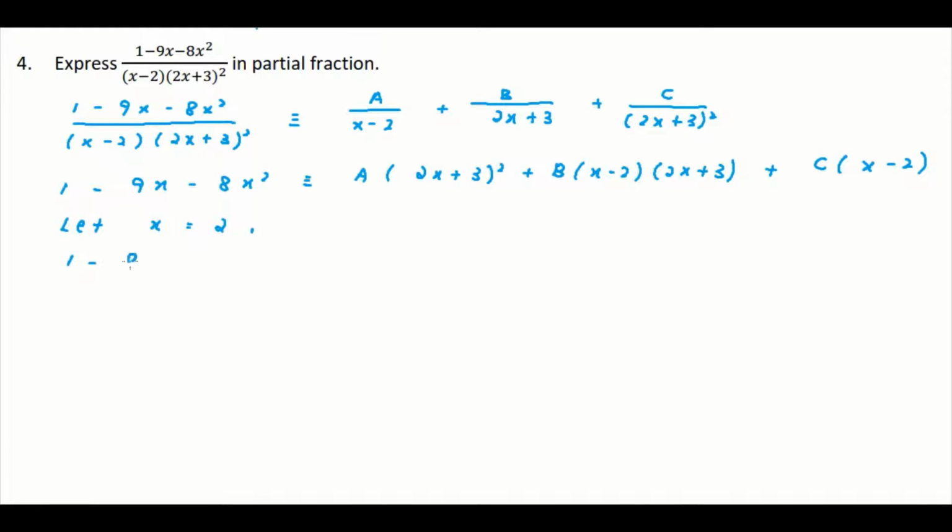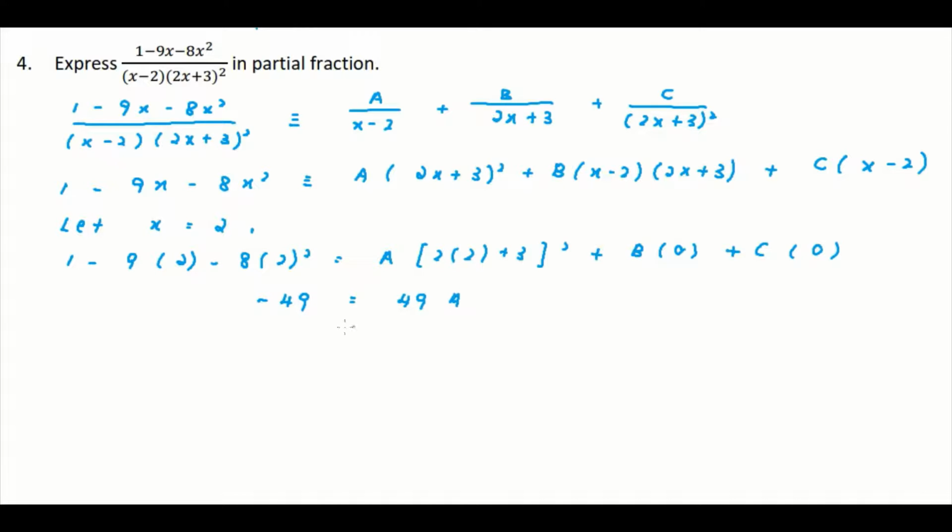So 1 minus 9 times 2 minus 8 times 2 squared equals A times (2 times 2 plus 3) squared plus B times 0 and C also 0. Okay, so after we have got this, then continue to solve it. Negative 49 equals 49A, so A will be equal to negative 1.